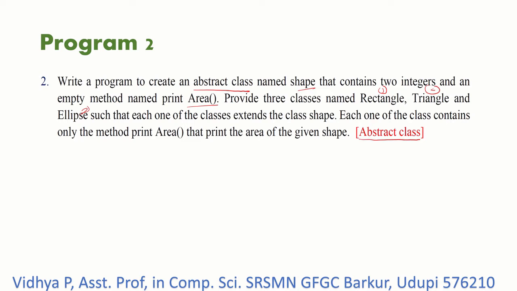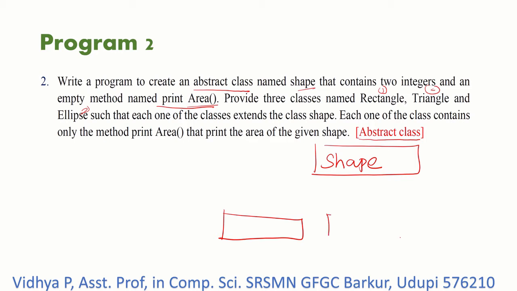So the program is very simple. First we have to define a class shape, and this shape contains only one method, that is print area. So we are going to define the method print area as abstract, and we are going to create three subclasses of this shape.